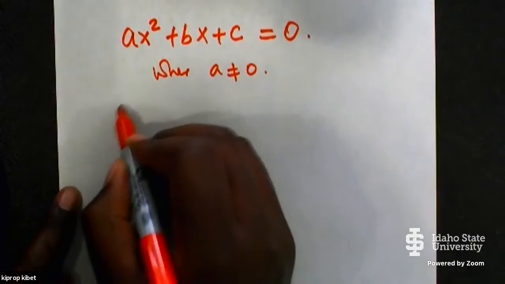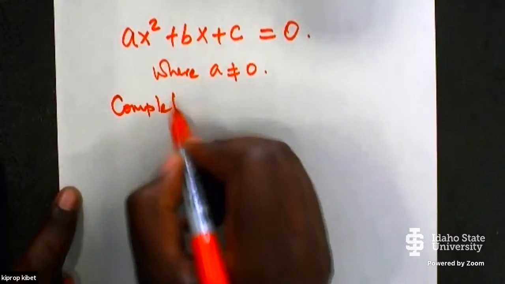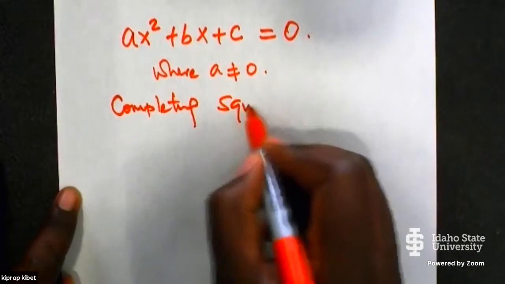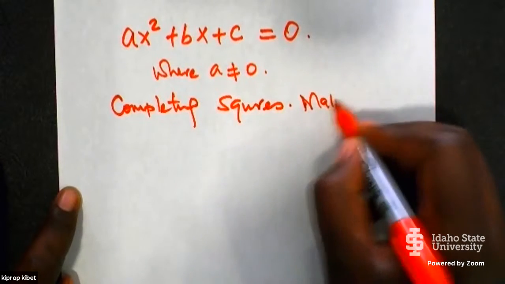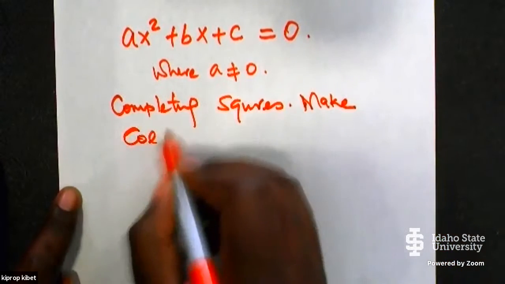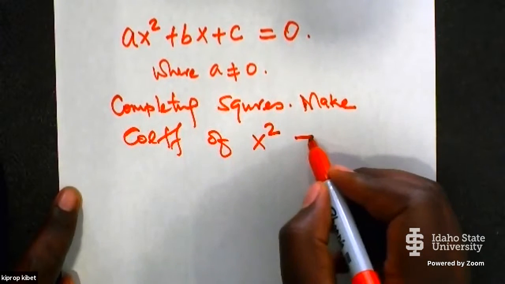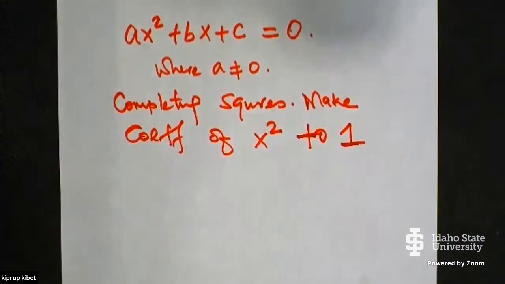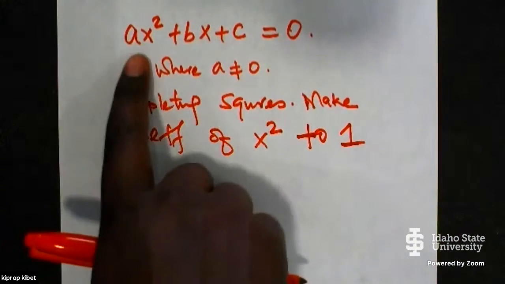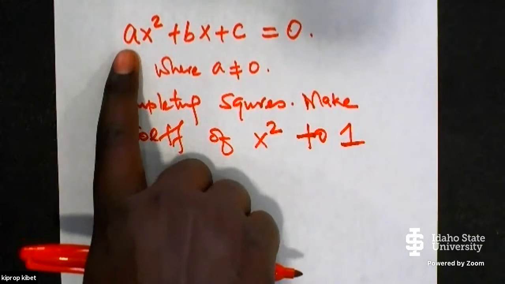Now, if you want to use completing the square, then we make the coefficient of x squared to be 1. So you should let the coefficient of x squared, which is now a here, be equal to 1.